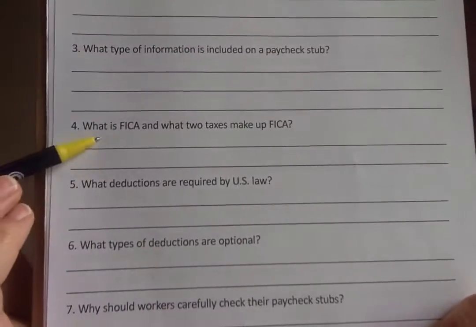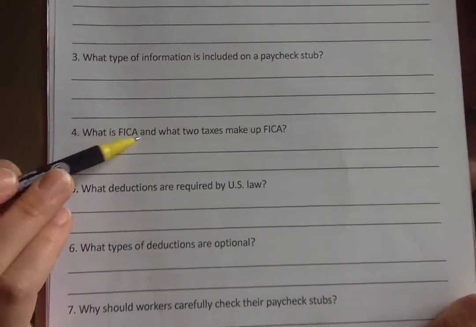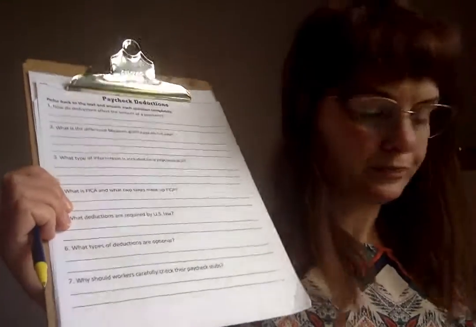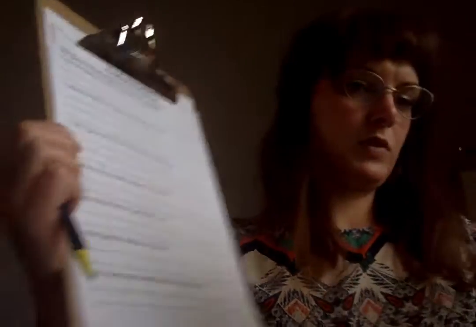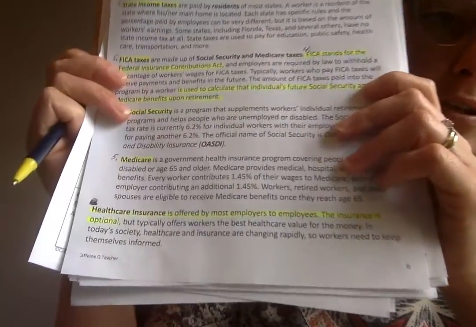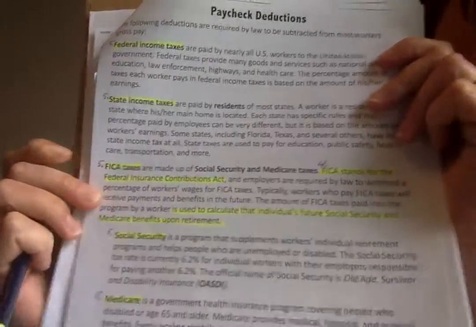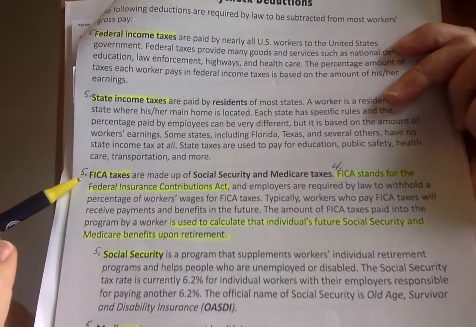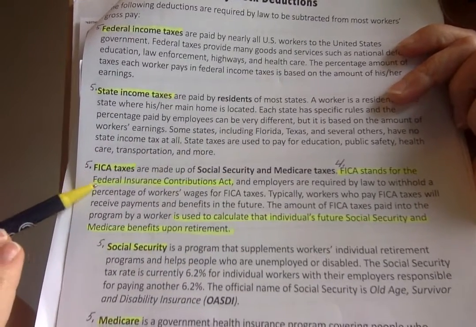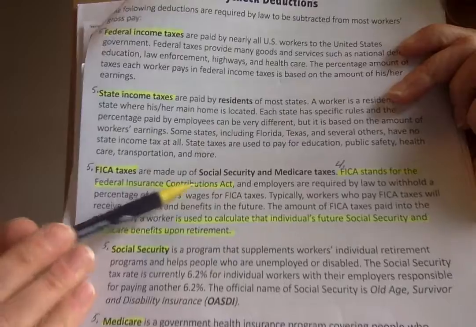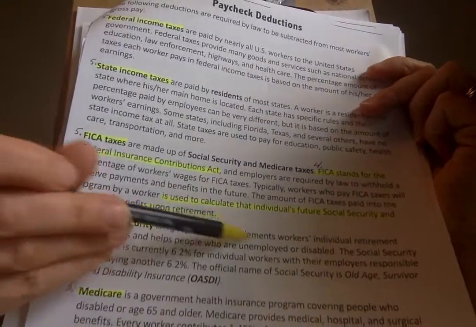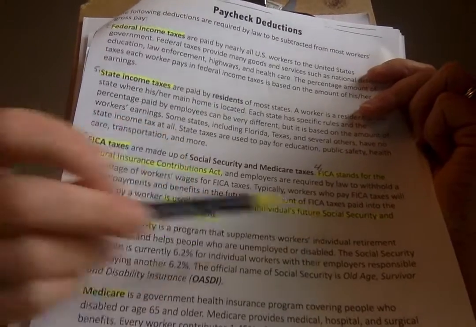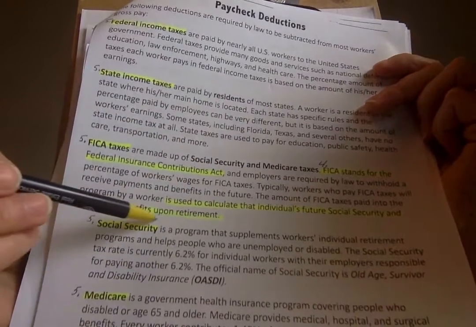Question here, number 4. What is FICA and what 2 taxes make up FICA? So here we turn the page here to page 6. And here's our answer. FICA is Federal Insurance Contributions Act and is used to calculate individuals' Social Security and Medicare upon retirement.